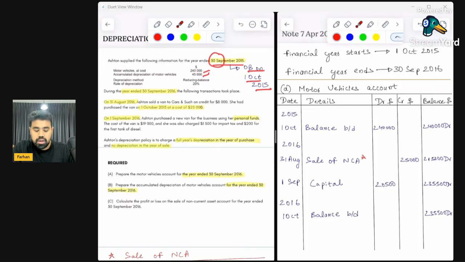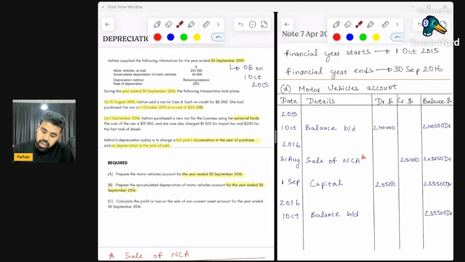Okay? Now, at 30 September 2015, we were given the closing balance for motor vehicles at cost, which was $240,000. So this amount of $240,000 is the opening balance on 1 October 2015, the beginning of the new financial year or the most recent financial year that we're working with in our question.